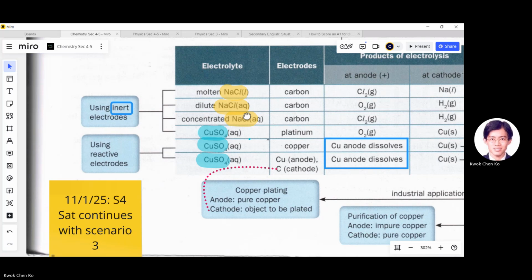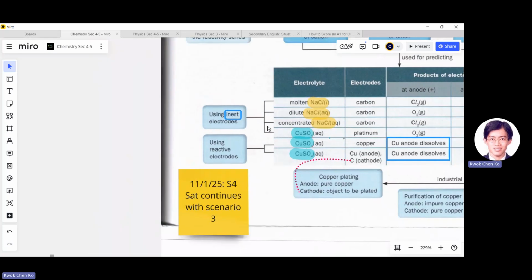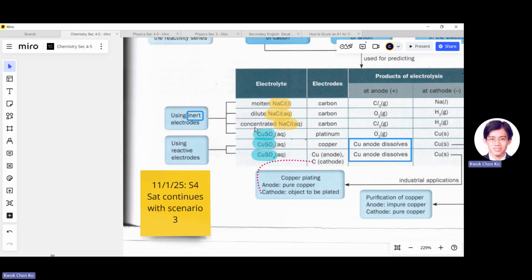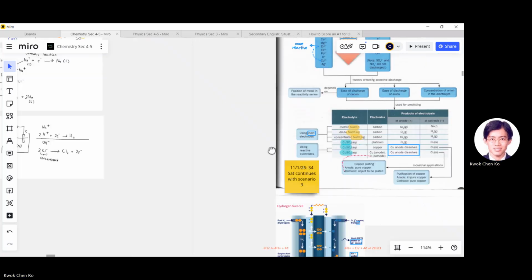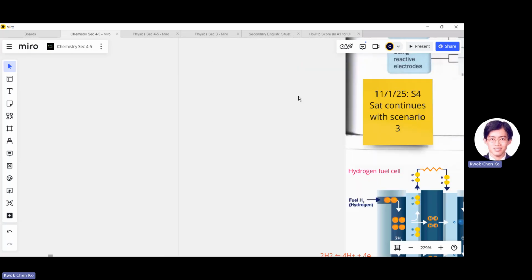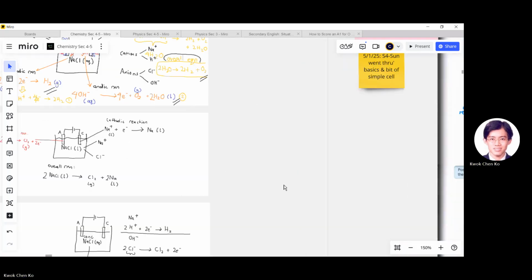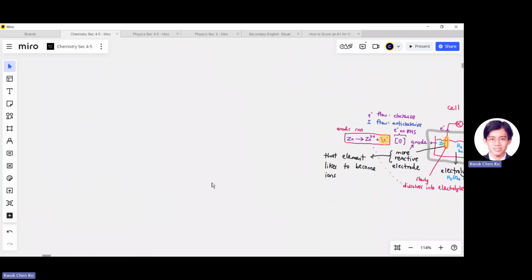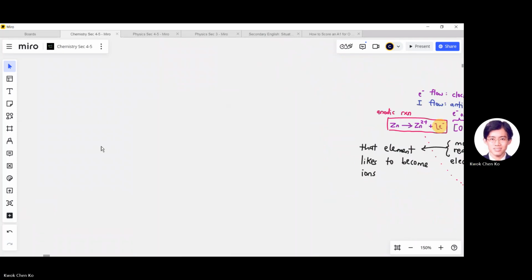Okay. Yes, I think we stop at number 2. Okay, look at number 3. Concentrated sodium chloride. Try to follow. So first thing, as always, draw your cell diagram or your circuit diagram. Same thing, 2 electrodes. This is electrolysis, so there must be an external battery.